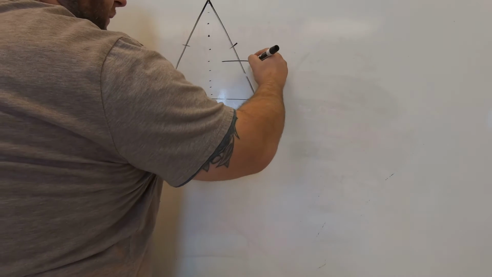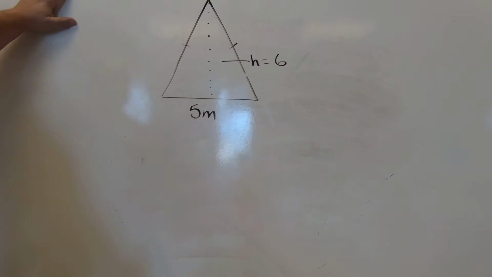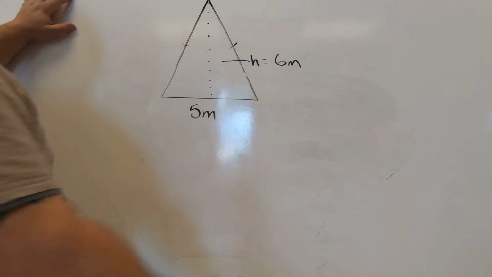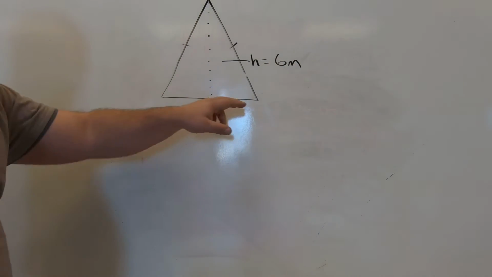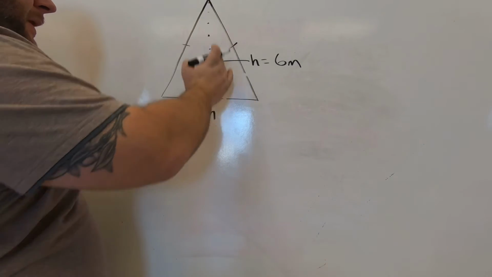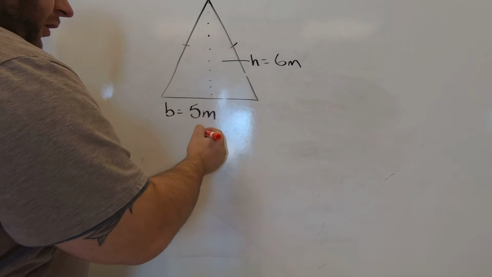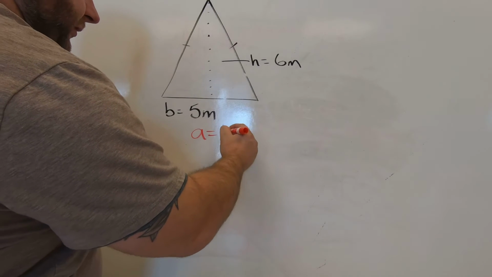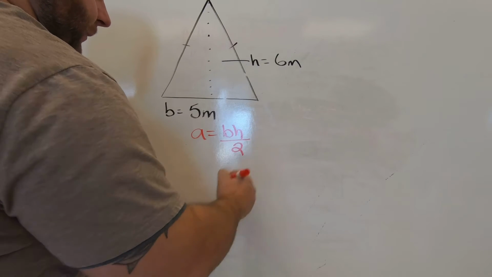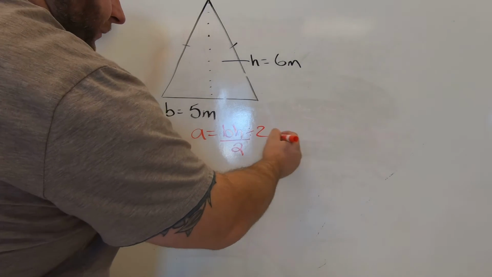Let's just say for this example that our height is 6 meters. So here's our triangle. Our base is right here, and our height is the line from the base to the highest point of our triangle. We use the same formula for all questions with triangles, and that's just base times height divided by 2. Some people might want to write it with a fraction; it doesn't matter.